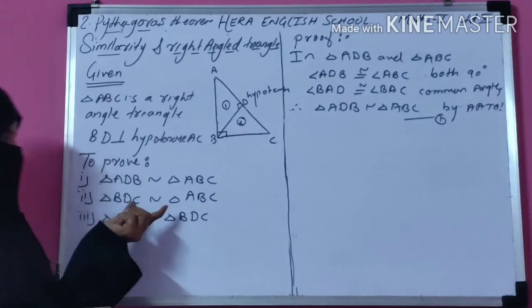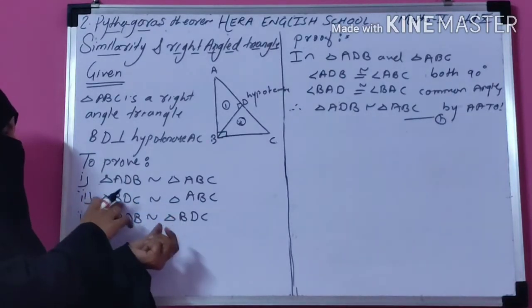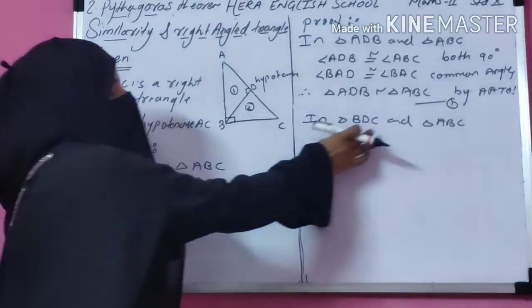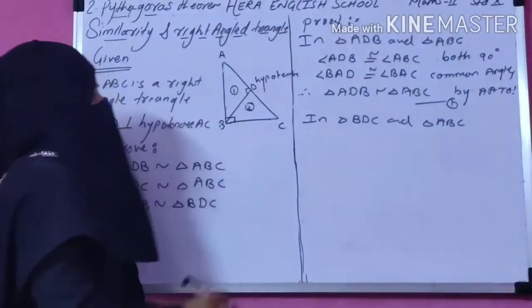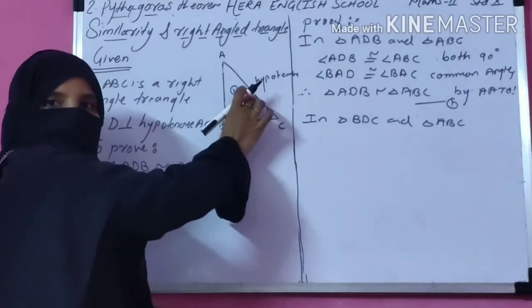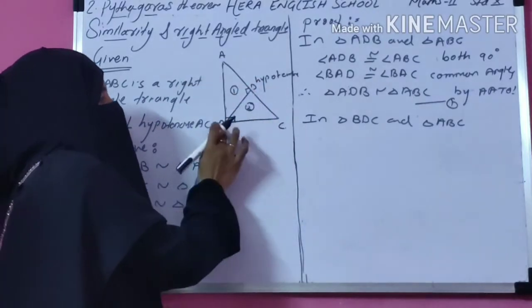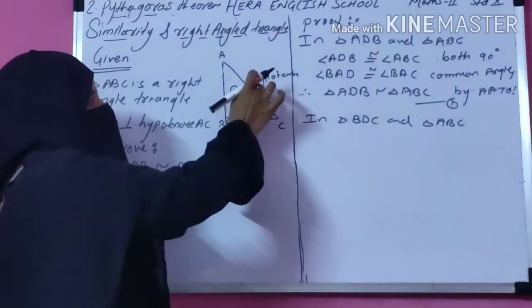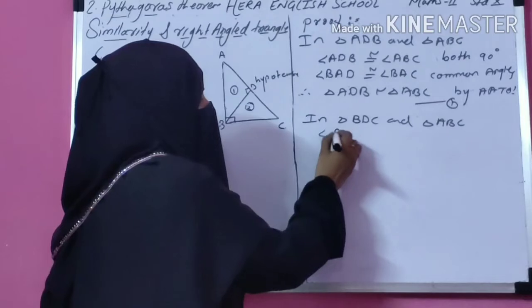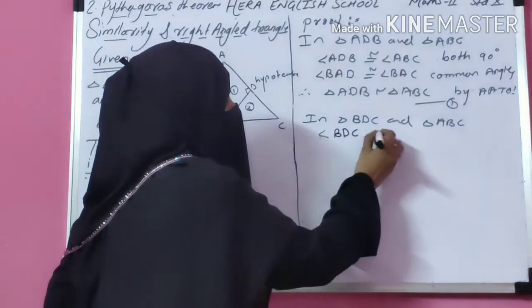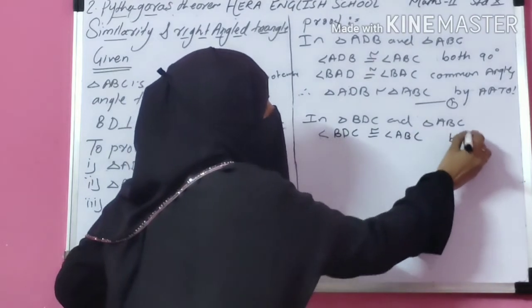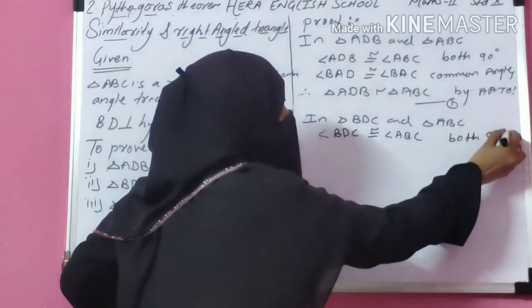Now move to the second one. Second we have to prove triangle BDC is similar to triangle ABC. Now focus on triangles BDC and ABC. In triangle BDC angle D is 90 degrees. In triangle ABC angle B is 90 degrees. That means angle BDC is congruent to angle ABC, both 90 degrees.